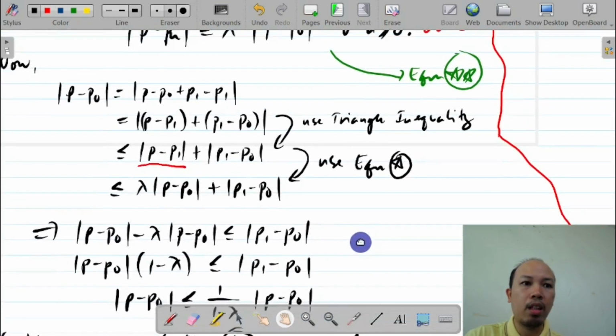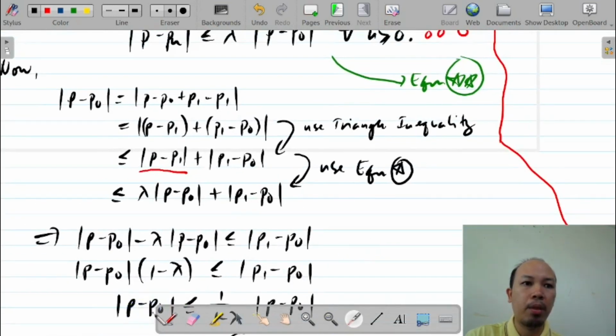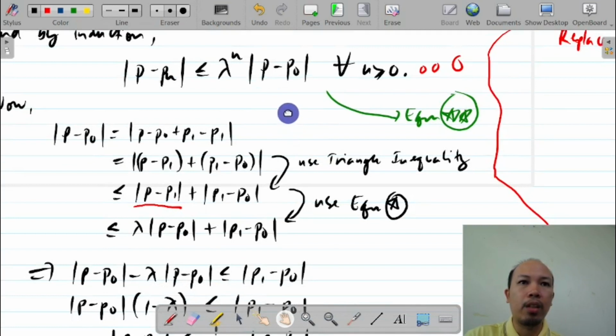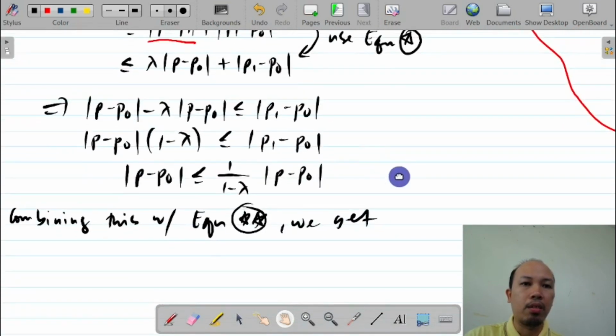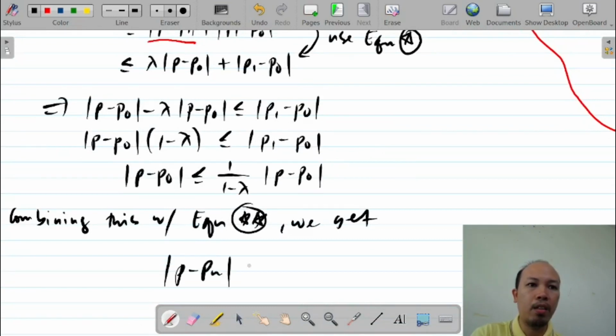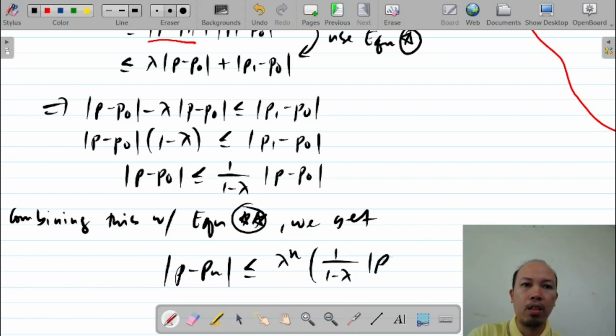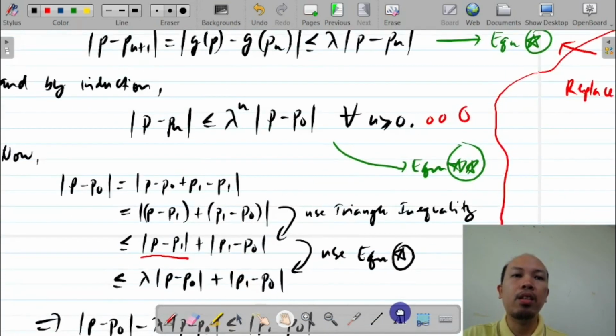So we replace |p − p_0| by that, and we get |p − p_n| less than or equal to lambda to the n times 1 over 1 − lambda times |p_1 − p_0|.